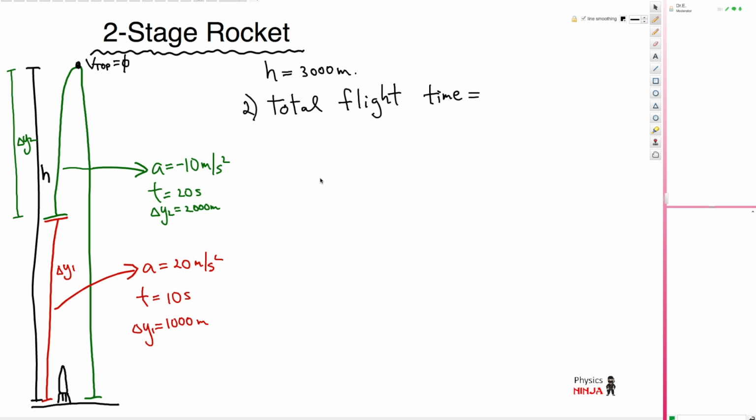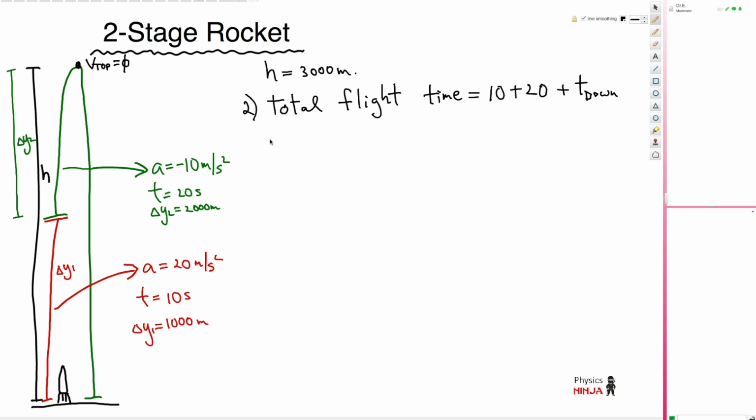Okay, we're just about done with the problem now. We simply have to find the total flight time. However, we know that the first part took us 10 seconds. We found that the second part on the way up took us 20 seconds. So now I simply want to find how much time it takes to go down. So the total flight time will be 10 to go up, plus 20 for that second part, plus the time to go down. Okay. And I also know that the height is 3,000 meters.